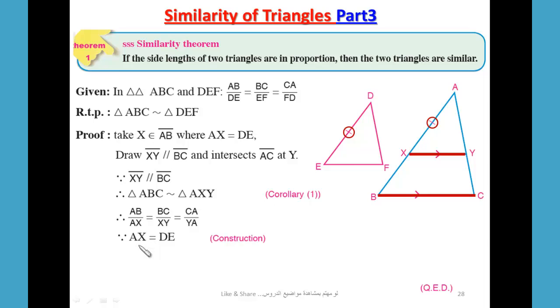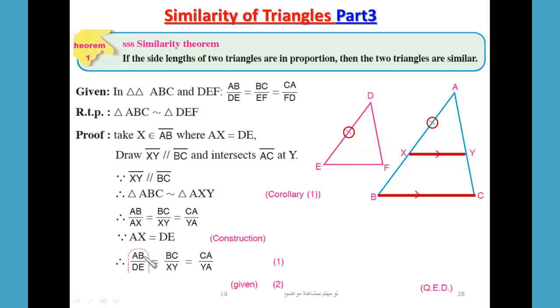But AX equals DE. It's from construction. We did it already. Then we can substitute AX by DE, and we write AB over DE, because they are equal.